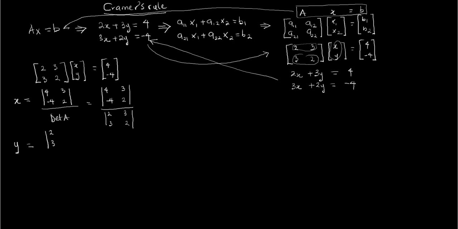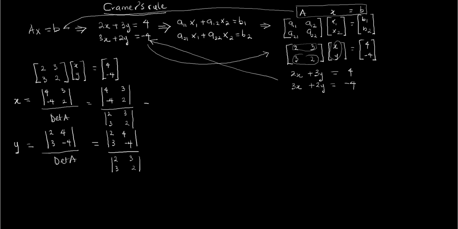So I'm going to get a 4 and a minus 4 divided by the determinant of A, which is constant for both x and y. So I'm going to get 2, 3, 4, and minus 4 divided by 2, 3, 3, 2.